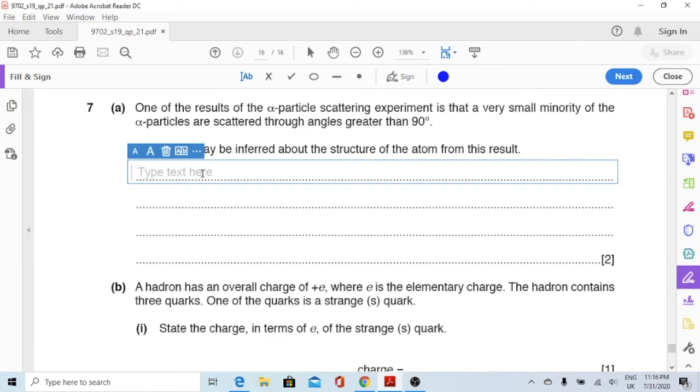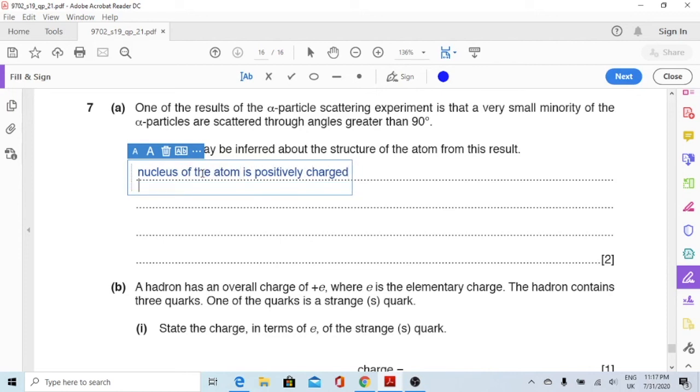So I'll write over here, the nucleus of the atom is positively charged, and also most of the mass of the atom is concentrated in its nucleus.